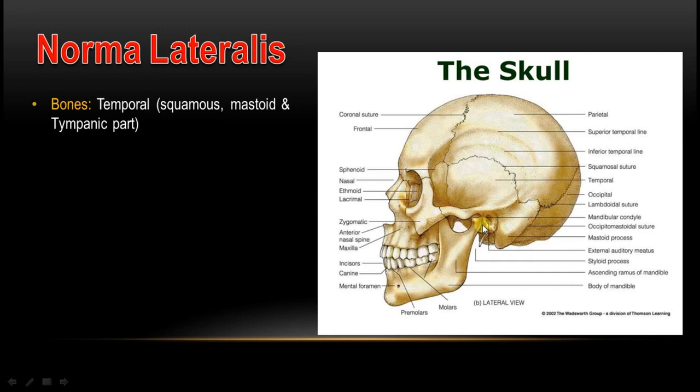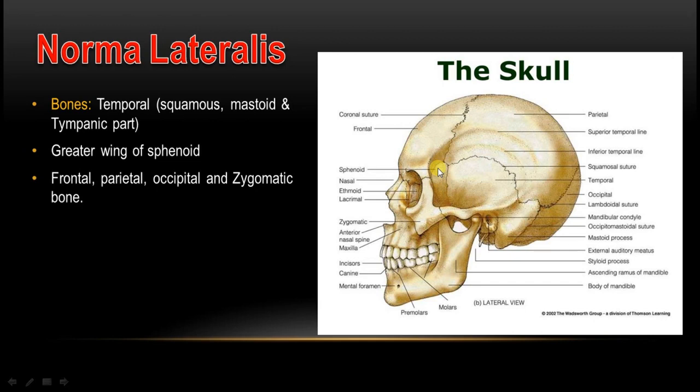Then what other bones you come across? Definitely parietal bone can be seen, frontal bone can be seen, and the greater wing of sphenoid. Okay. So the other bone what you see here is the greater wing of the sphenoid. So other bones, as I told you, frontal, parietal, part of occipital, and then you see the zygomatic bone.